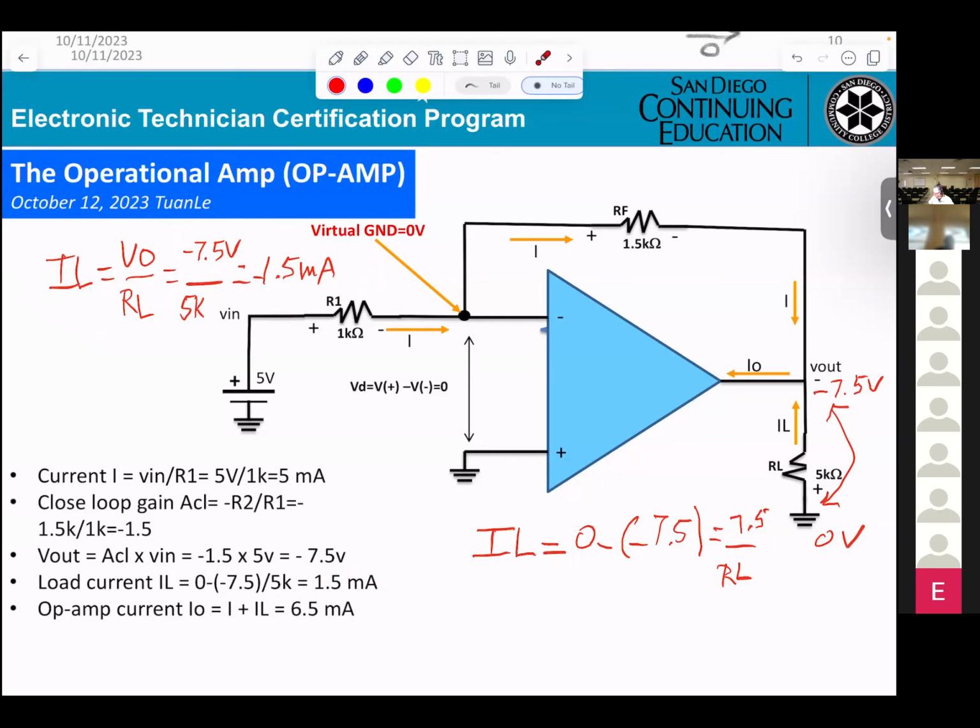Normally, this is more detailed, to prove the current is positive. But the answer has to be 1.5 milliamp, not minus 1.5.